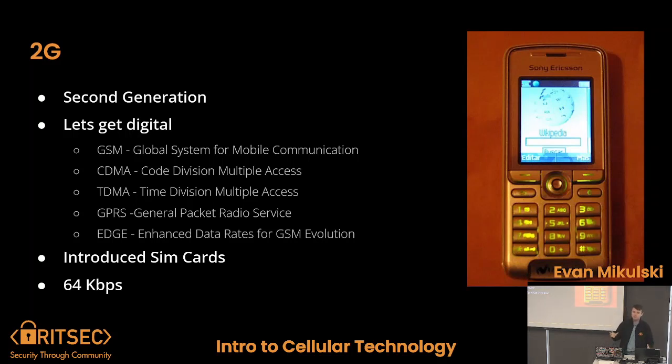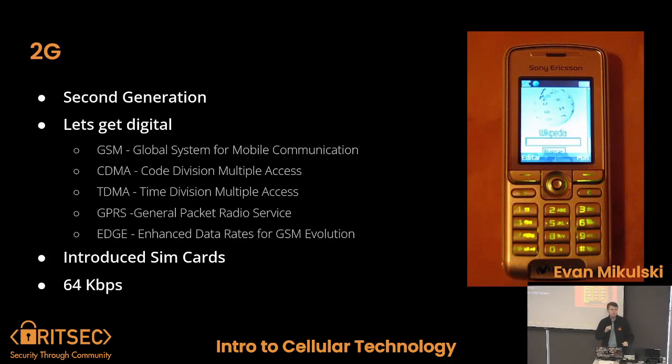Now, a lot of this has still been happening over analog, but we still get a bit digital, because now we're in the 2G phase where we're transitioning away from 1G, and we're starting to get a bit more digital. So this is where GPRS, or the General Packet Radio Service, comes in. This begins to introduce IP into the mix. So now we can start communicating with IPs. So you'll get an IP address, or your carrier gets an IP.